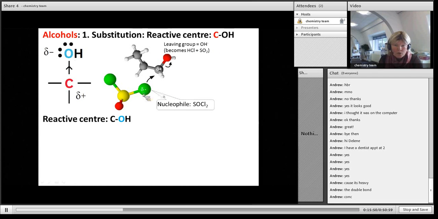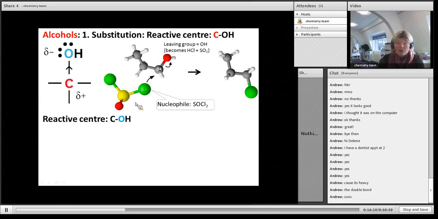if this chlorine adds on like that, so we've replaced the OH with the chlorine, I'm left with pretty much OH and then a ClSO, and it just does a little thing in this mixture, and those atoms, OH, ClSO, form SO2.